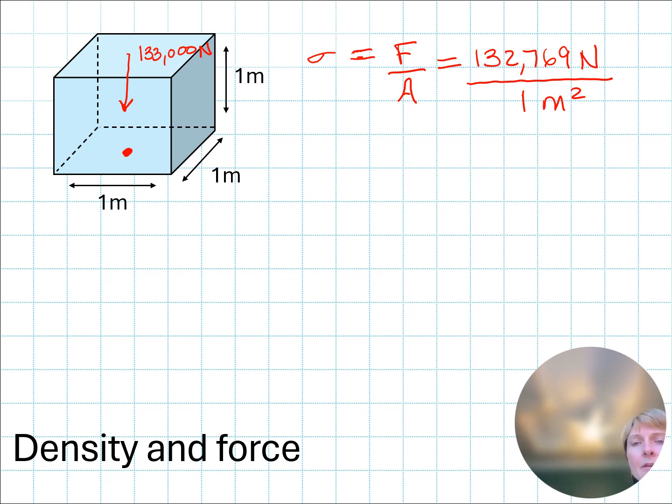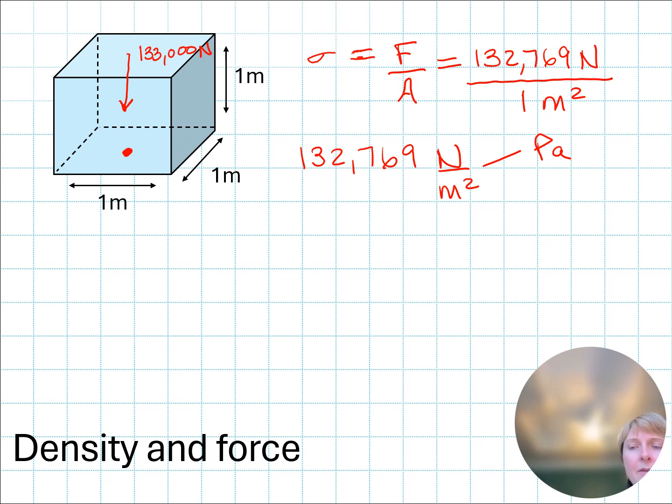And you remember that we defined this unit of newtons per meter squared, and we gave it a special name. We called this a Pascal, abbreviated as Pa. And this weight force, as you can see in my force diagram over here, is acting normally to the bottom surface, and so it's a normal stress.